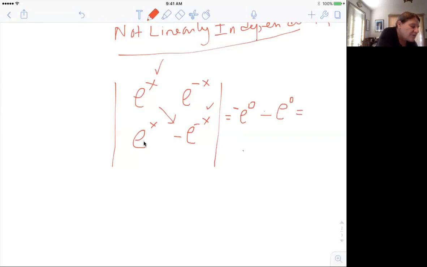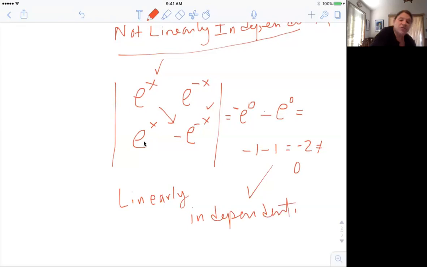Notice I get minus 1 minus 1, which is minus 2, which is not 0, so it's linearly independent. So with that reduction of order, I could solve it, and I found the second part of the fundamental set.